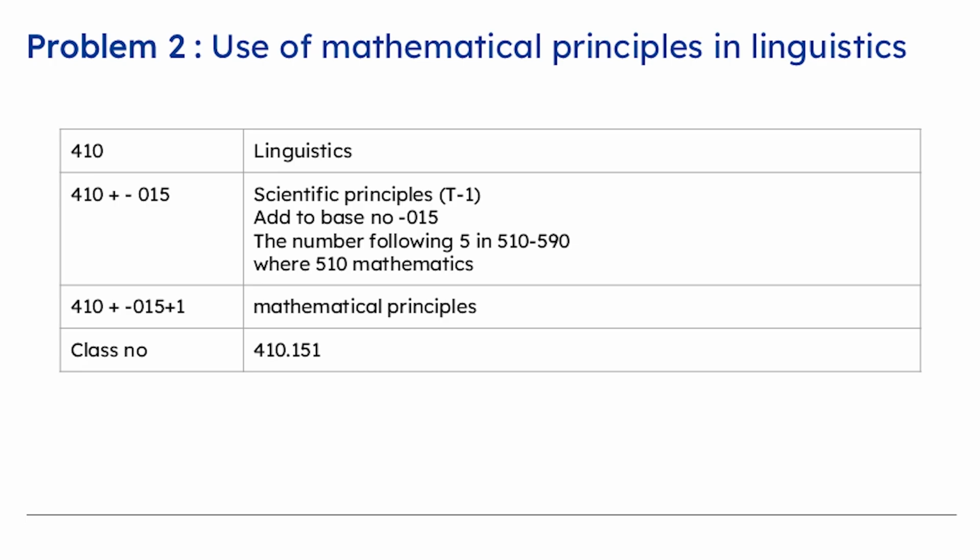So, it is a presentation form. It is a presentation of linguistic discourse. So, these mathematical principles may be the form of presentation, and probably it will be obtained from table 1, the standard subdivisions table 1 of Dewey Decimal Classification.